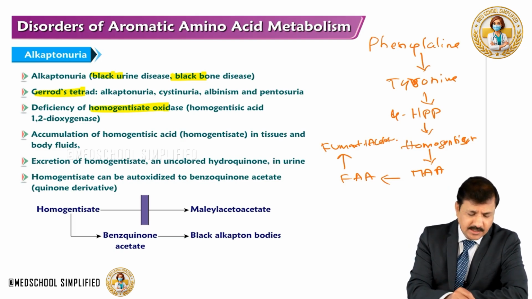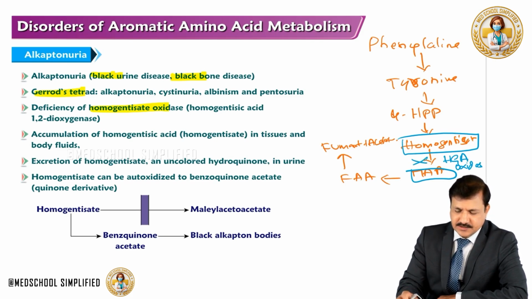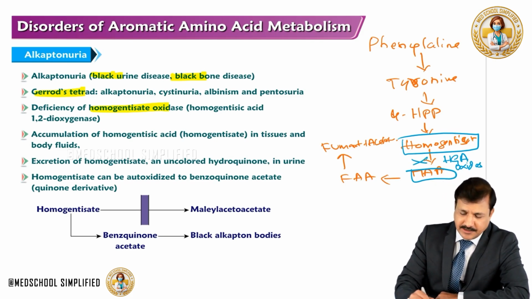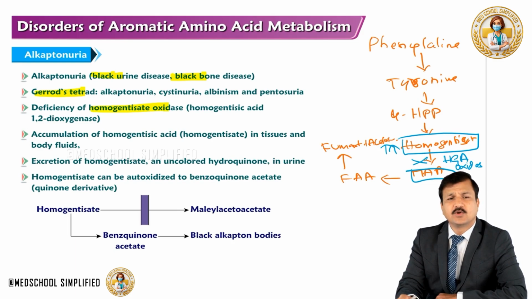Here, the conversion of homogentisate into maleylacetoacetate is done by the enzyme homogentisate oxidase. A defect or deficiency in homogentisate oxidase will lead to elevation of homogentisate, and that homogentisate will be diverted into benzoquinone acetate formation.